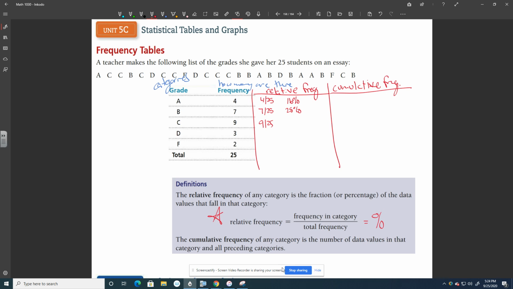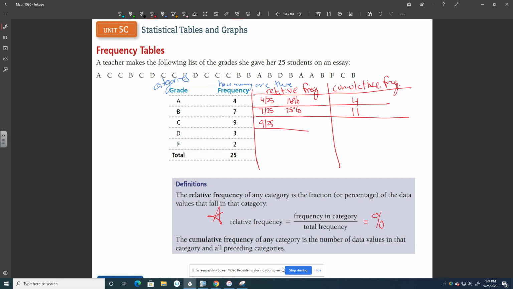So my first category of A's, there's only 4 of them. Okay. My second category B, there's 7 of them, but I've already got 4 from the A's. So there's actually 11 for my cumulative frequency, meaning I've already counted 11 of the total.